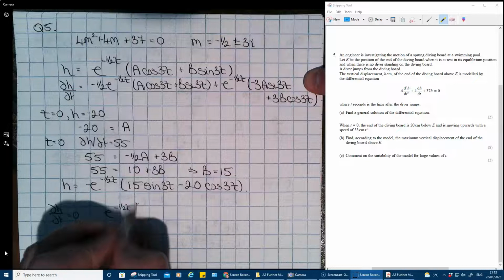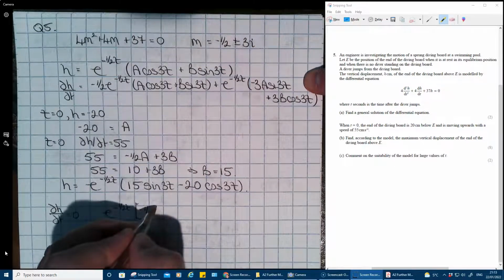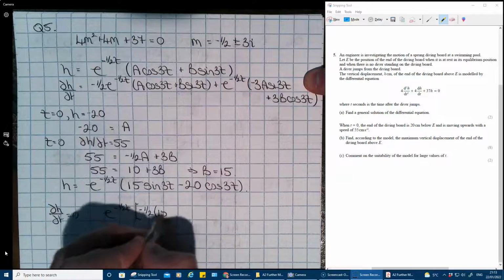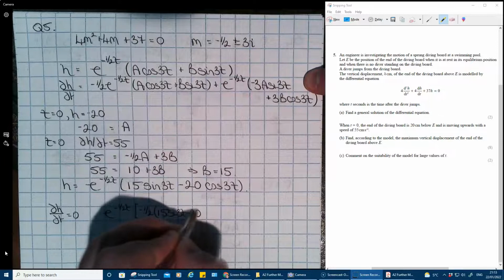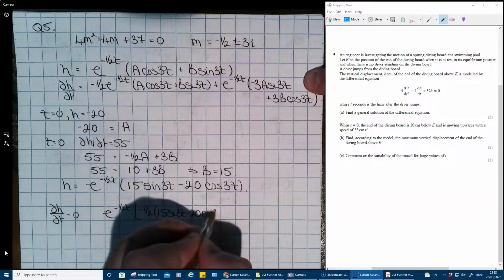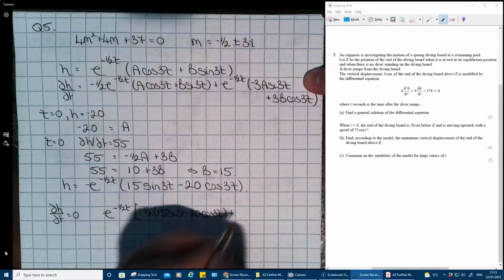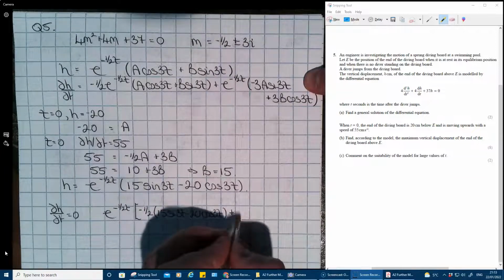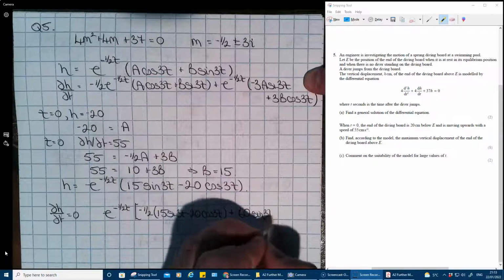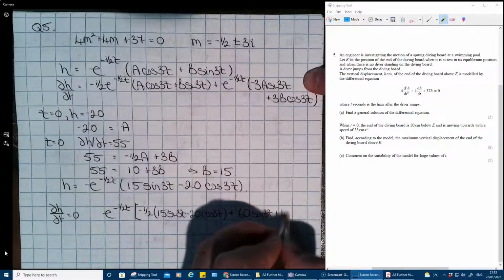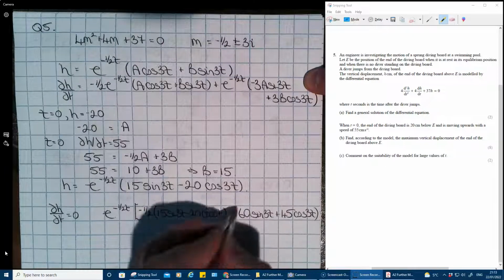And then I've got minus a half 15 sine 3t plus 60 sine 3t... 45 cos 3t.